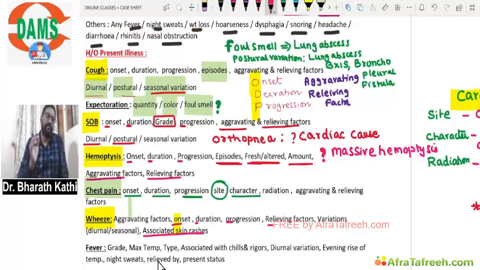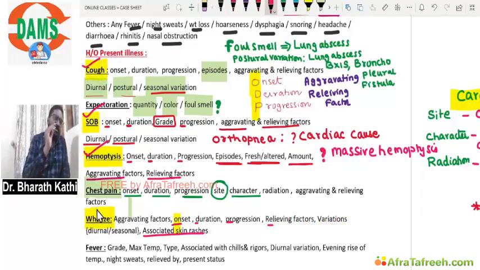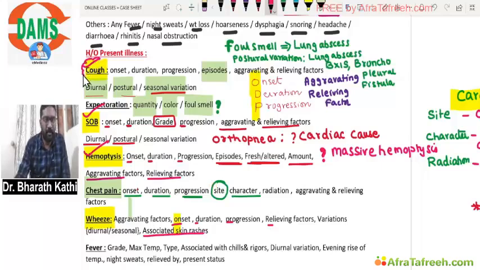And what are the aggravating factors? So this will be the history of present illness of the cardinal manifestations: cough, shortness of breath, hemoptysis, chest pain, wheeze. Generally a respiratory medicine examiner will focus more on how much you know regarding cough, shortness of breath, and hemoptysis.